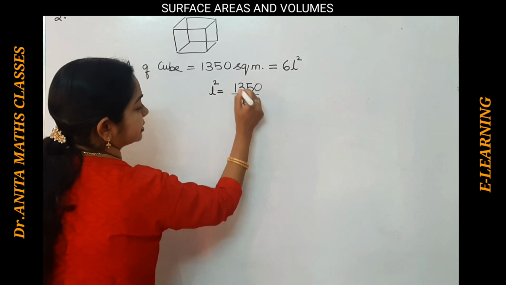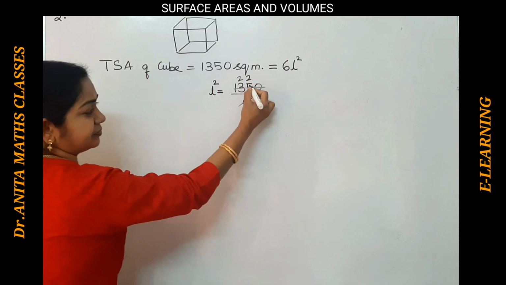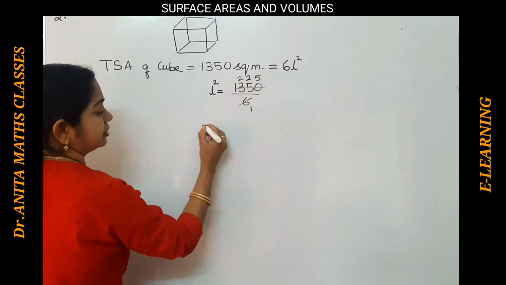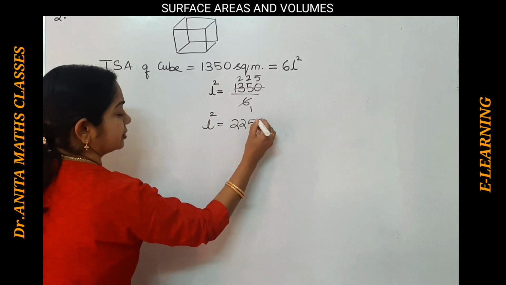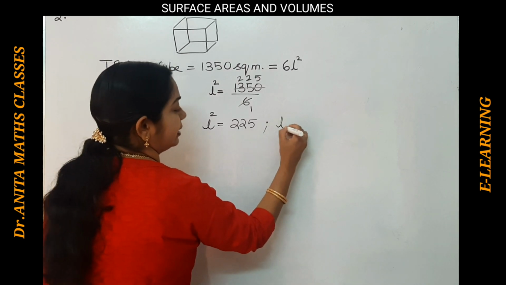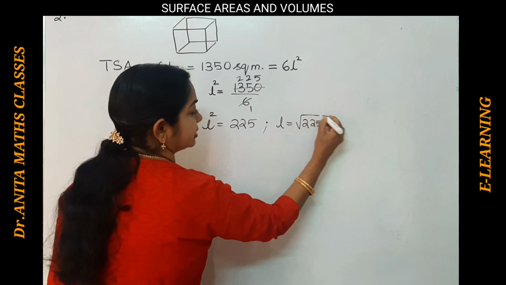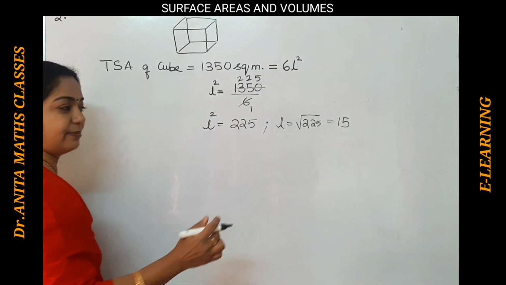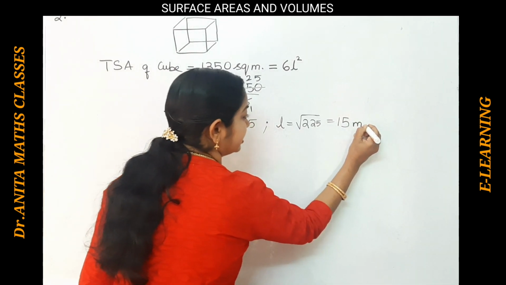Now, 6 twice, 6 fives. So that means L square is equal to 225. So L equals square root of 225. It is nothing but 15. Here the units are given square meters, so the side of the cube is 15 meters.